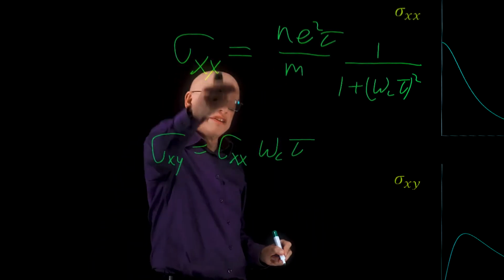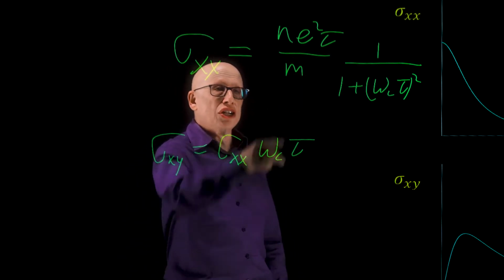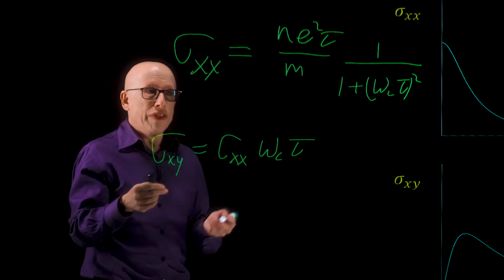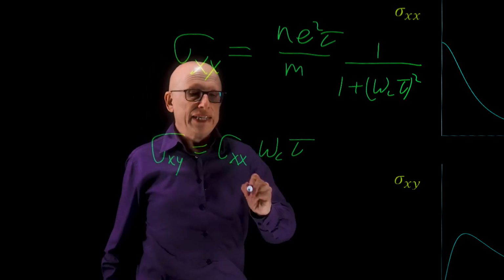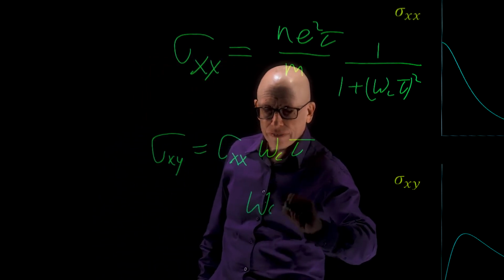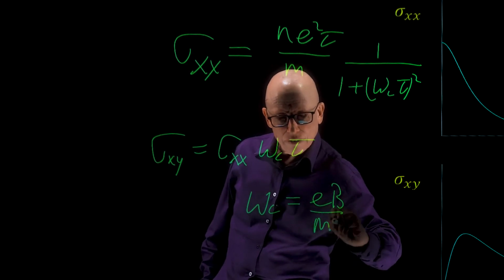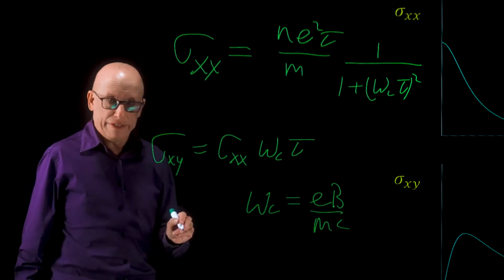Now, here in these expressions, n is the electron density, e is the electron charge, tau is the mean free time between collisions of the electrons with impurities, m is the electron mass, omega c is the cyclotron frequency, eB over mc, where B is the magnetic field and c is the speed of light.